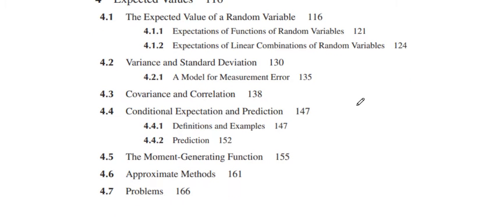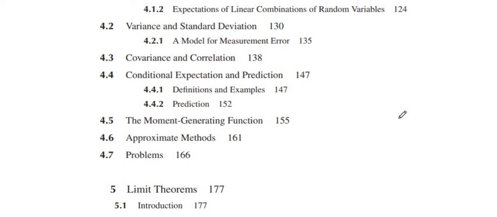For 2 variables, we have covariance and correlation, right? And for 2 variables, many variables, we have conditional expectation and conditional standard deviation, like conditional variance. Conditional means we just check a typical situation.